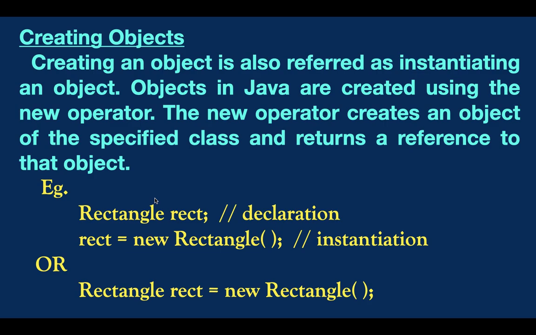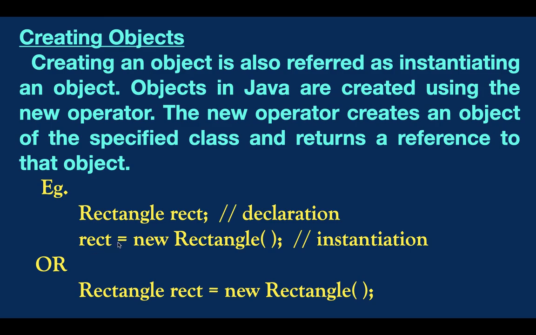In this case, we can see an example. Let's say I have a class called Rectangle, and after declaration, I have created an object called rect. So here, rect is a variable of Rectangle type, and Rectangle is a class. This is simply a declaration. Declaration means it has just been declared, it has not been actually created, so it won't occupy any space till this point. Now, in the second line, we are actually creating it by using the keyword new.